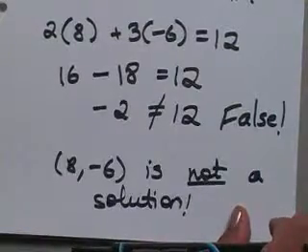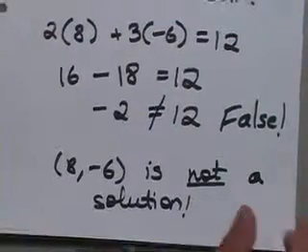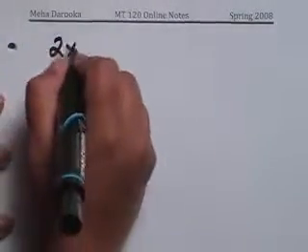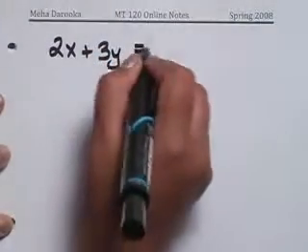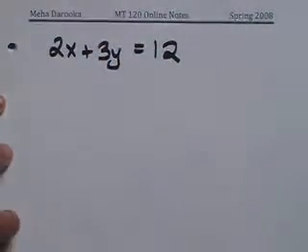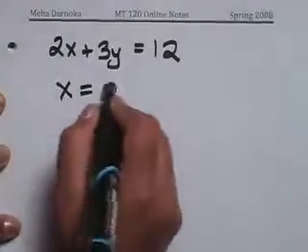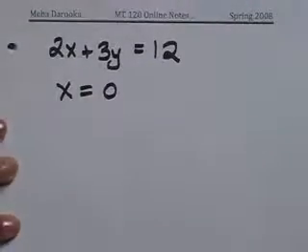Now you can find many different solutions to a given equation. All you have to do is select a value for one of the variables, plug that into your equation, and find the other variable. So let's say we're trying to find more solutions for our equation. Let's say I select x equals 0.